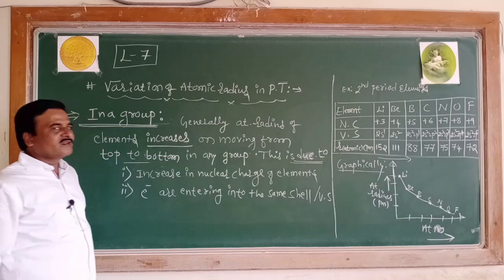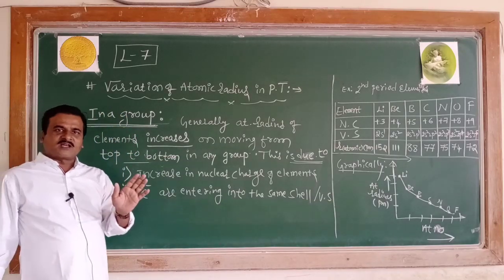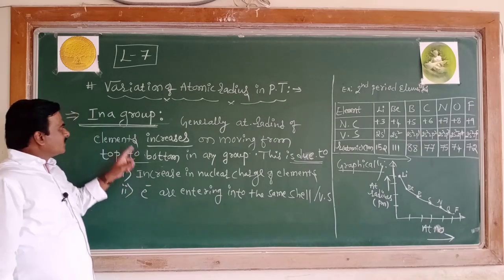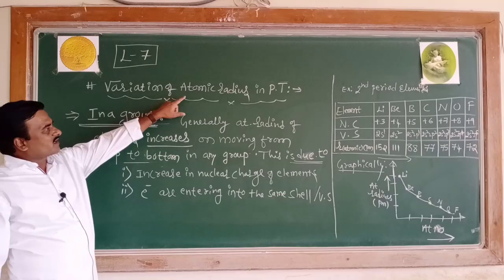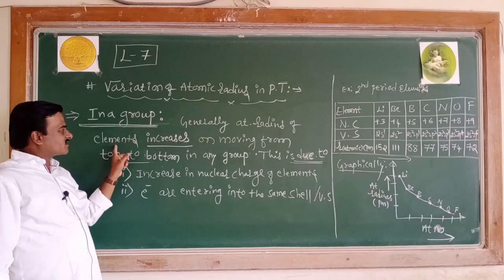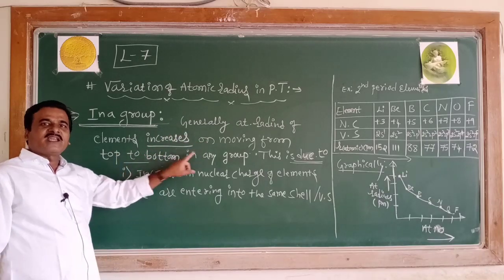If you remember the trend along the period, in contrast we can apply it to the group. What about the variation of atomic radius in a group? Generally, the atomic radius of an element increases on moving from top to bottom in any group.